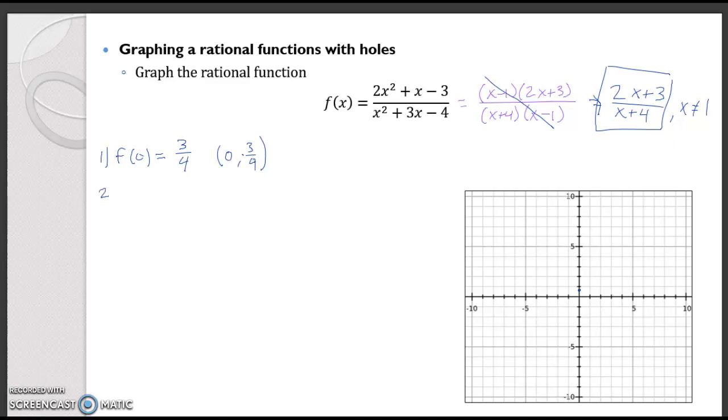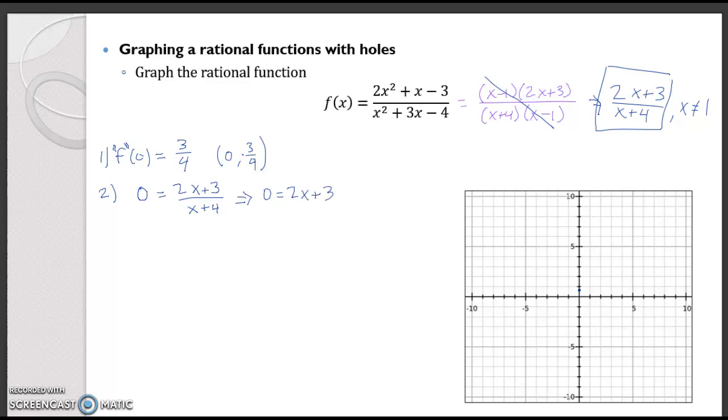My next step is to let 0 equal my function. This is going to find my x-intercepts. I can multiply both sides by x plus 4, and now I'll just end up getting 0 equals 2x plus 3.